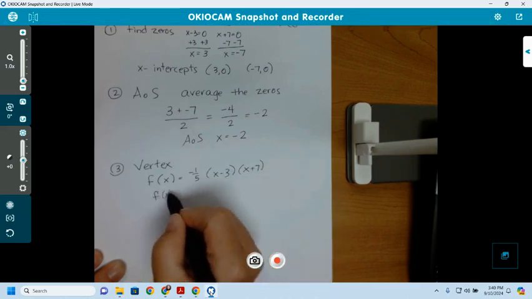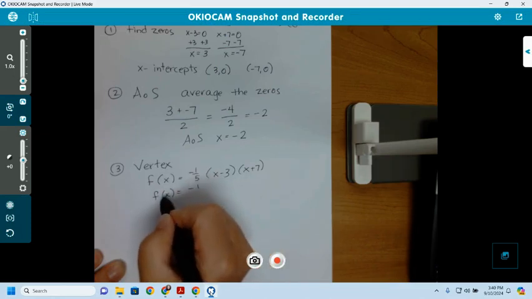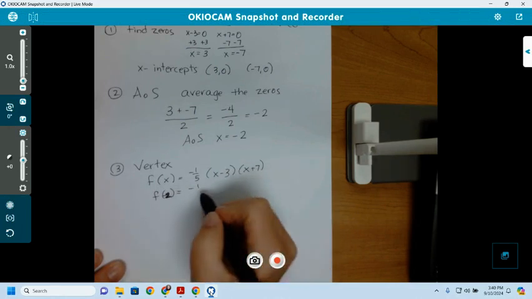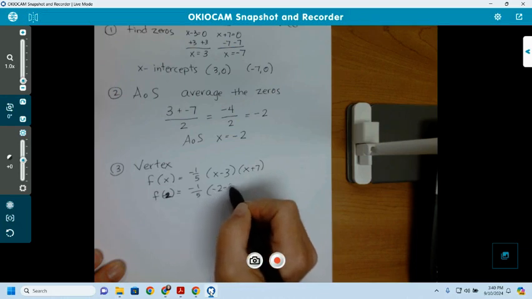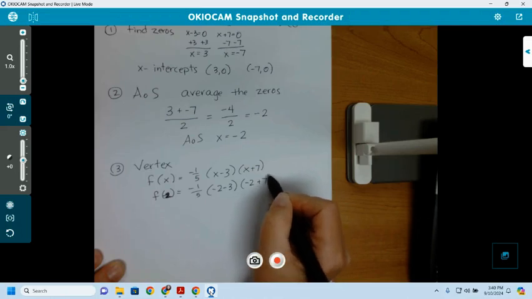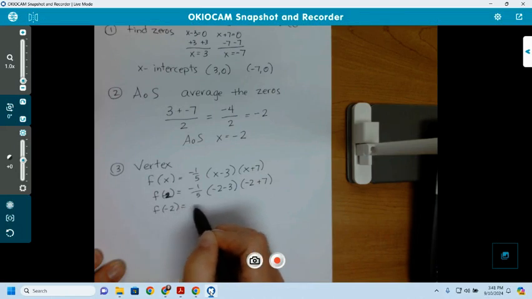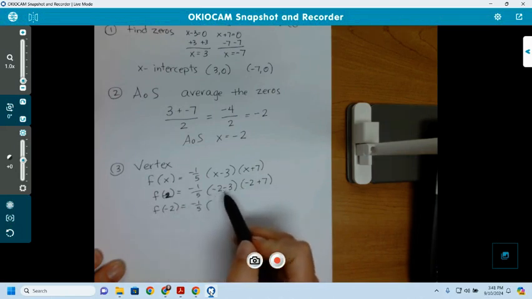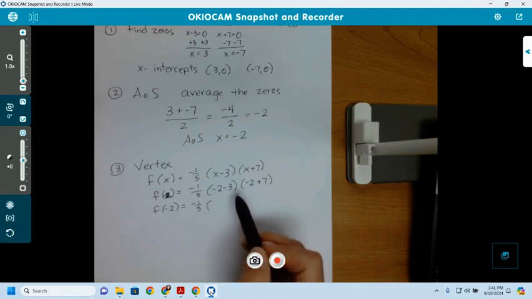So that means f of minus 2, right? We're plugging in negative 2 for x. Negative 1/5 times negative 2 minus 3 times negative 2 plus 7. So f of minus 2 equals negative 1/5 times minus 2 minus 3, which is like doing minus 2 plus minus 3.